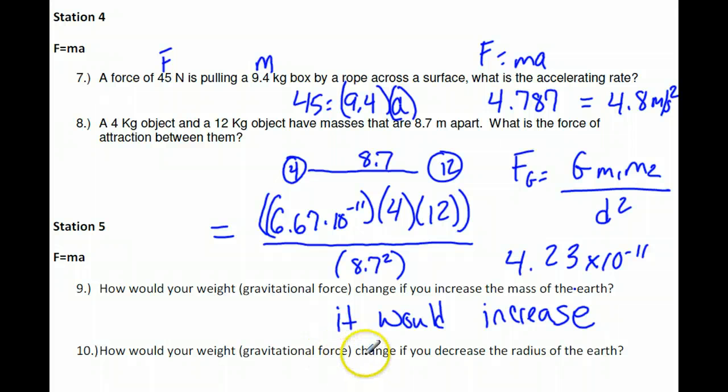How would your weight change if you decrease the radius of the Earth? So we're going to decrease this. So we're going to divide by a smaller number. So if I divide 2 by 2, I get 1, right? 2 divided by 2 equals 1. What if I divided 2 by 1? I would get 2. So if you divide by a smaller number, you end up with a bigger answer.